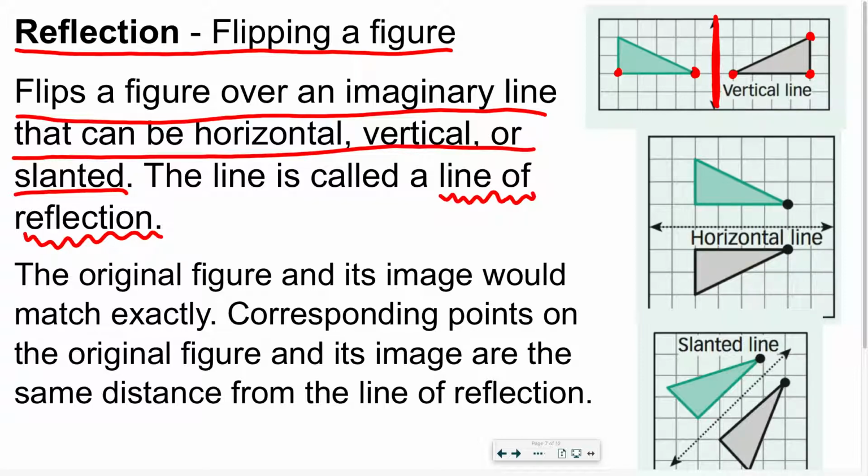Where the right angle of that triangle lies for both figures, it's 5 units away. And then the top part of the triangle for both sides, again, the same distance, 5 units away. You can see that in all 3 examples here. The corresponding points on the original figure and its new image are the same distance. So whichever example of this you would like to draw, make sure you have one of them. If you're a fast drawer, you can draw multiple.